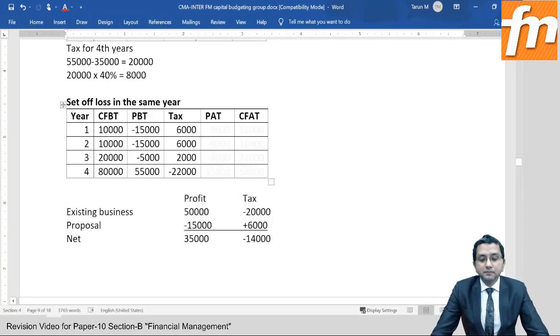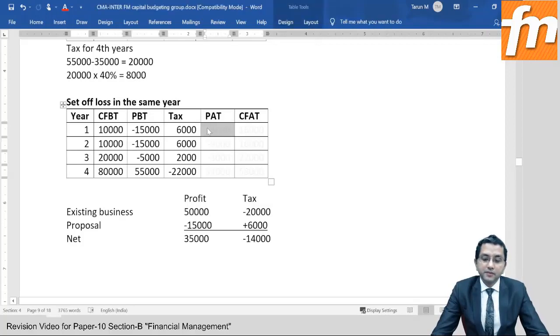Look here. See, after calculating tax, the rest of the steps are easy. So here 15,000 of loss, 6,000 of tax receipt, tax benefit, and the net loss is 9,000. Here also the net loss is 9,000. Here also, the net loss is 3,000: 5,000 negative, 2,000 positive.